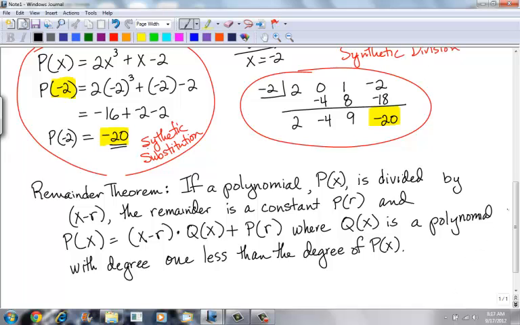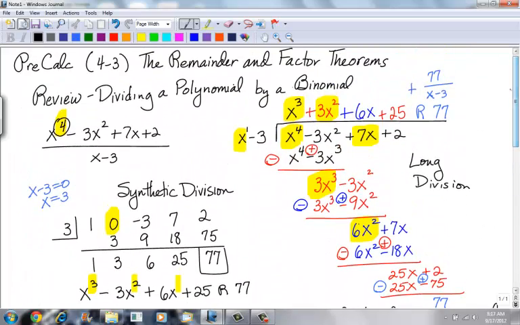So, example, if we went back up to the original problem, whether you did it in synthetic or long division, how do you check division? How would I check it? What's the inverse of division? Multiplication. So if I wanted to check this, they're saying take this quotient, x cubed plus 3x squared plus 6x plus 25, times the divisor, x minus 3, and then add on the 77.